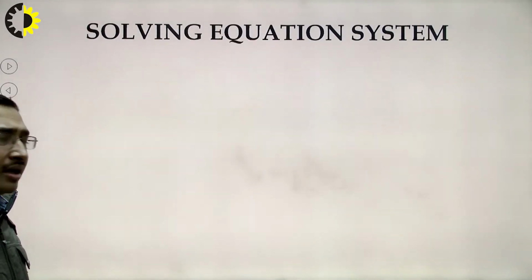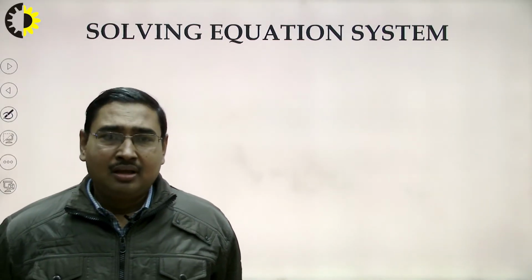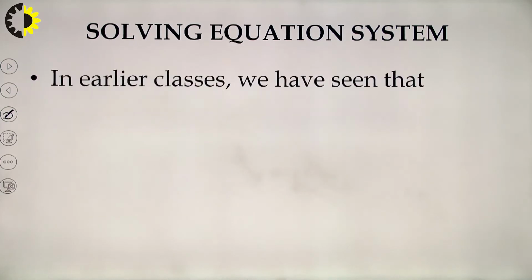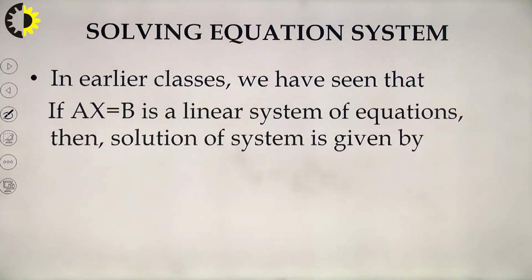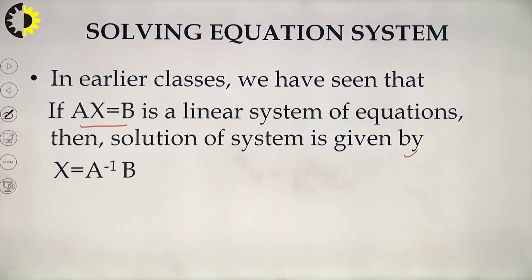Now, we learn how to solve the system of equations. In previous classes, we have seen that if Ax equal to b is a linear system of equations, then the solution of this system is given by x equal to A inverse b.